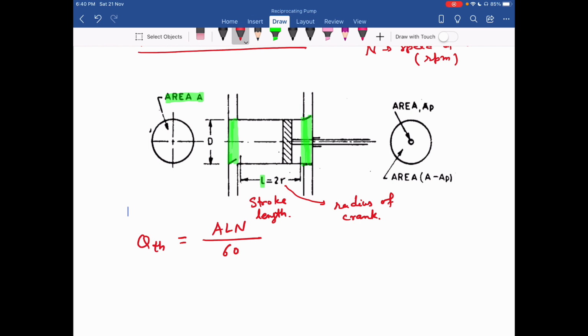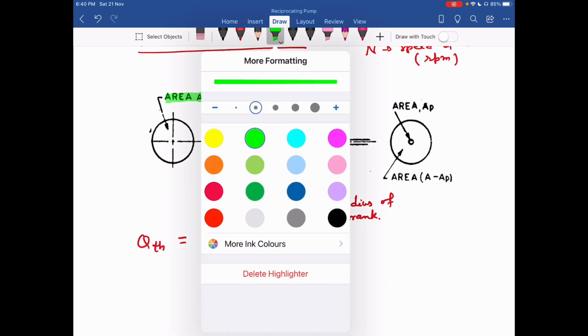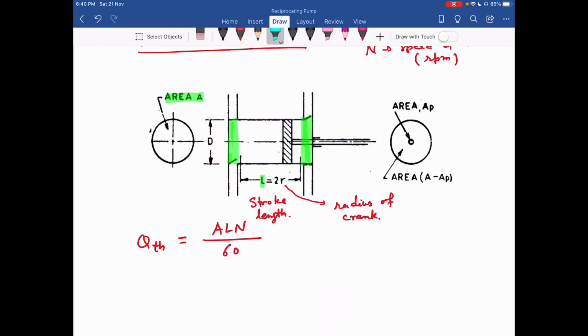In this case, I neglect the thickness of the piston rod. This is my piston rod.